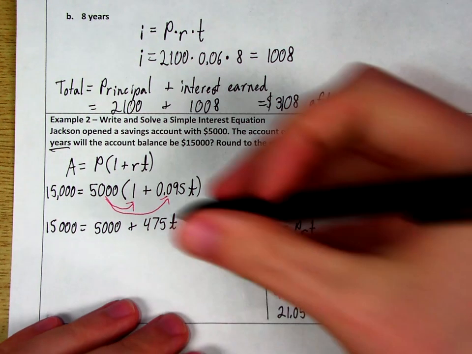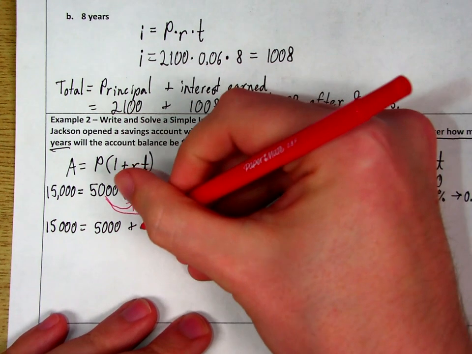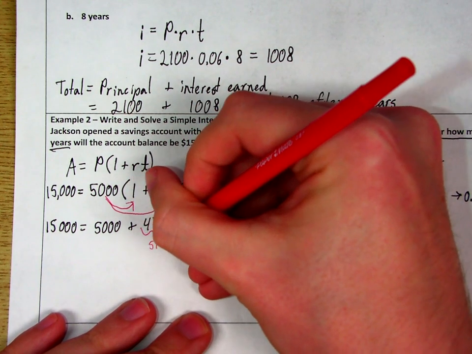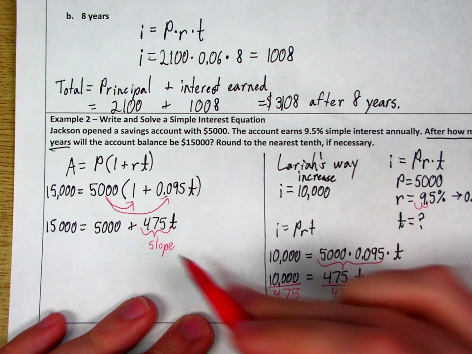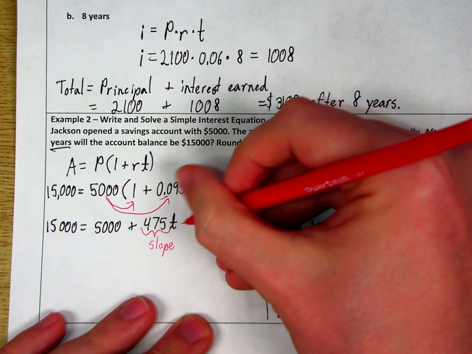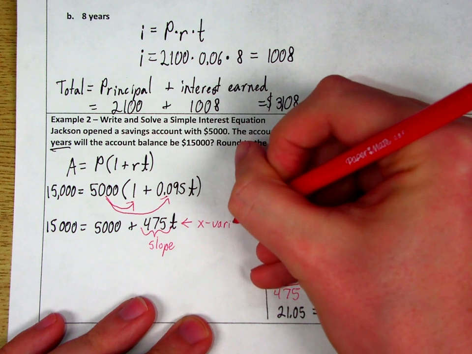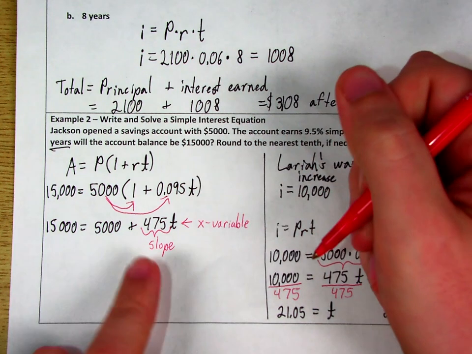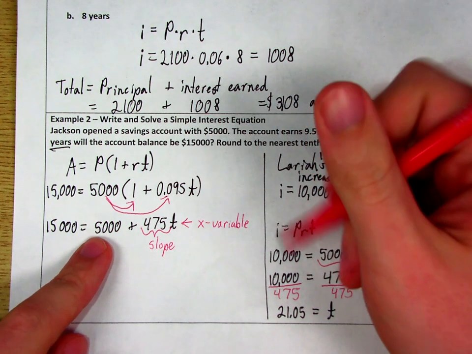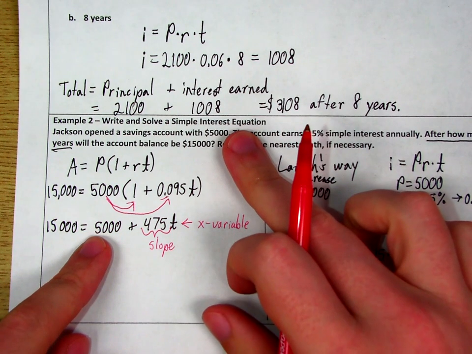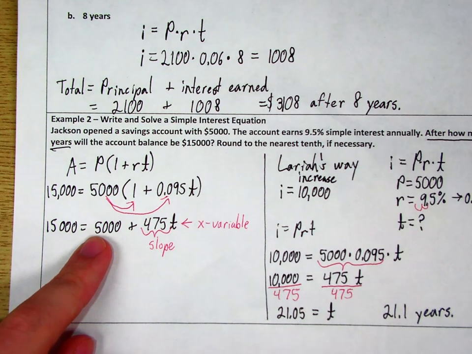That was important for us. So we identified key features of this equation. This 475 is kind of like a slope for us. It's how much Jackson earns in his account every year. And the T is kind of like our X variable. So we have a slope, an X variable. He's starting at $5,000, so with no time passing, he's starting at $5,000.